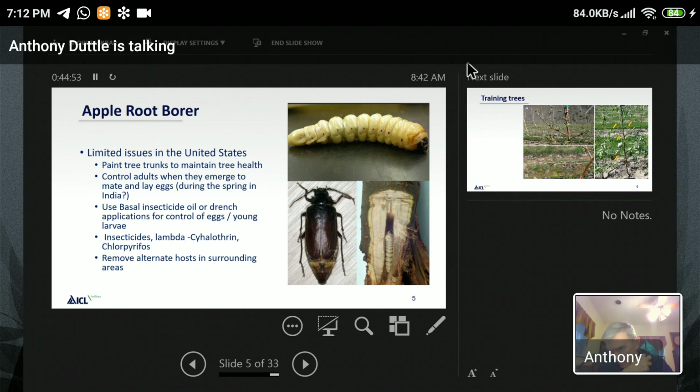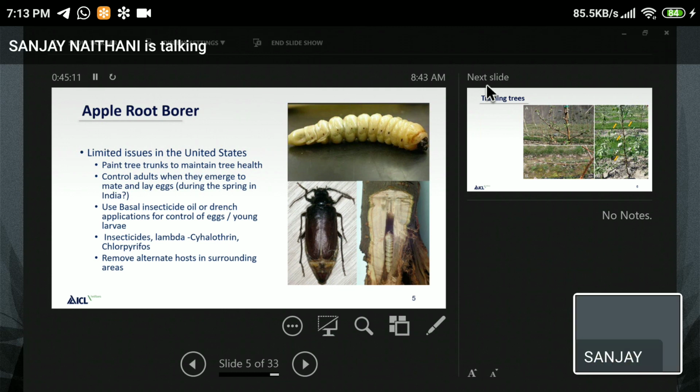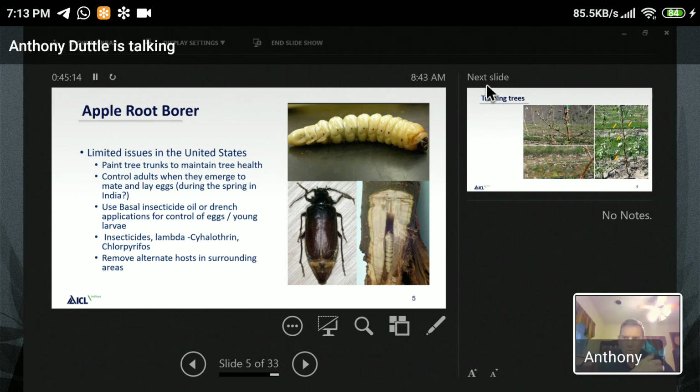One is it provides a barrier to insect pests, but the other thing is the white paint acts as a solar reflectant, so it helps stabilize the tree temperature in the early spring. It basically helps reflect the light, which would normally heat the trunks up. So those are the reasons they do it. And as far as what they use, there's a variety of things, but most of them are like a whitewash type of paint.